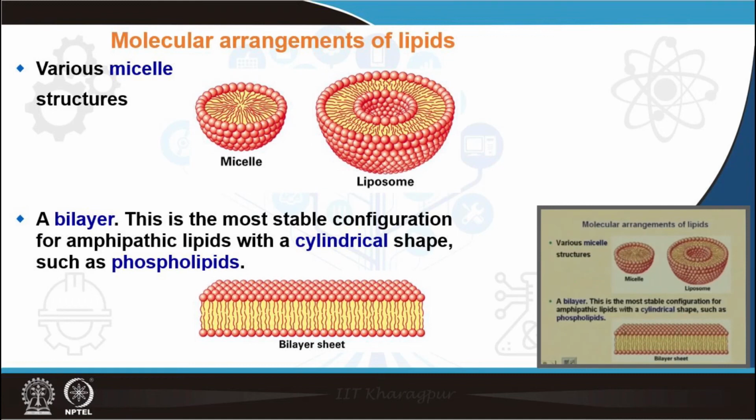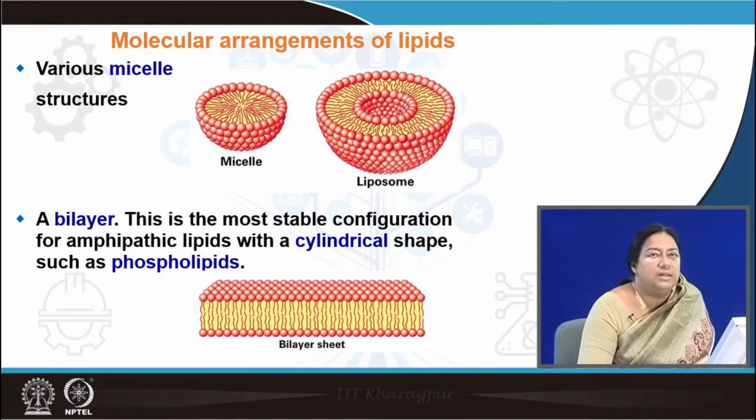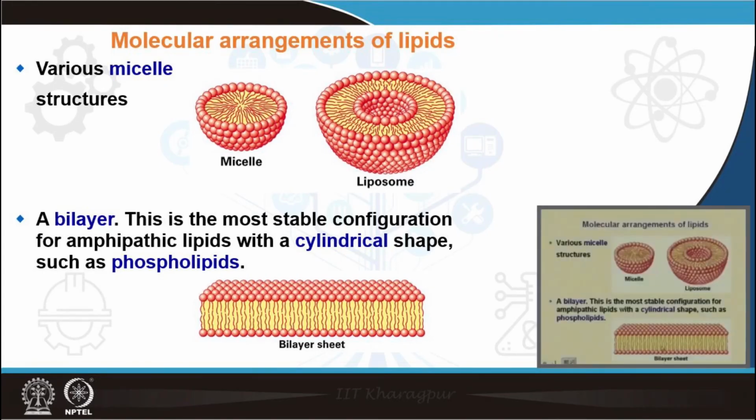If we have a lipid bilayer, then we have the polar groups forming a sheet on one end, the polar groups forming a sheet on the other end, and we have a lipid bilayer. And it is this bilayer that is going to result in all of the transportation, all of the lipid structures, all of the membrane structures that we will be seeing in the next class.